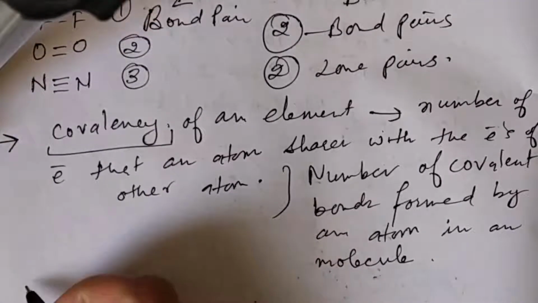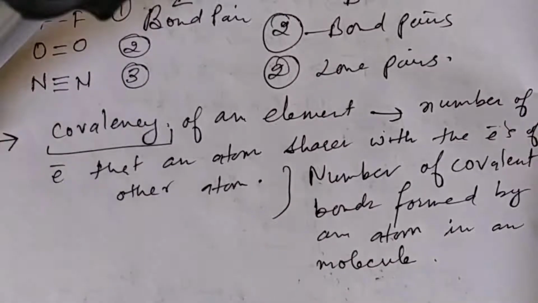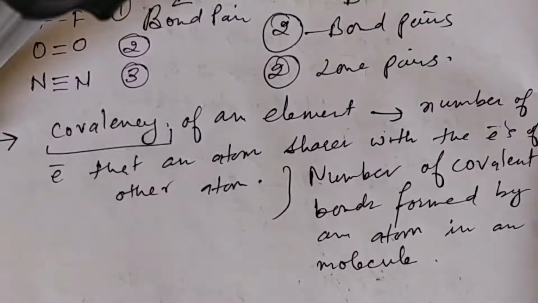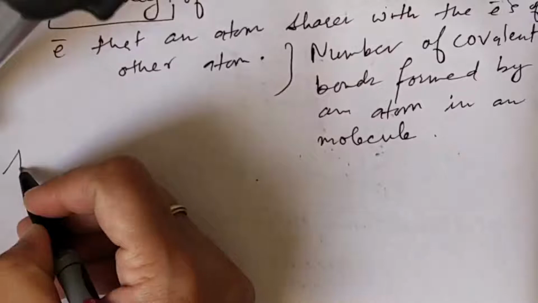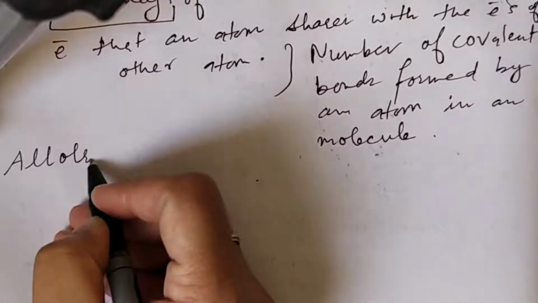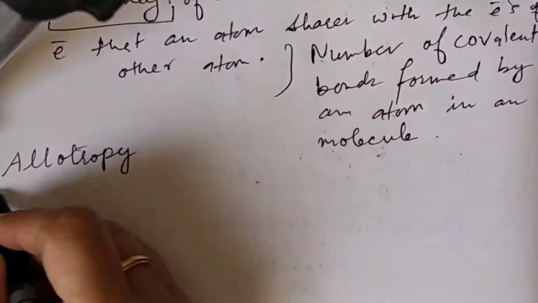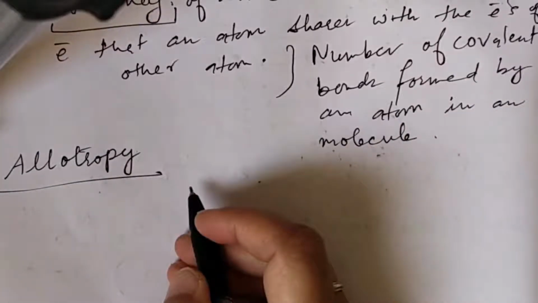Next we are going to discuss, students, the different allotropic forms of carbon. What are the different allotropic forms of carbon? First, what is allotropy?